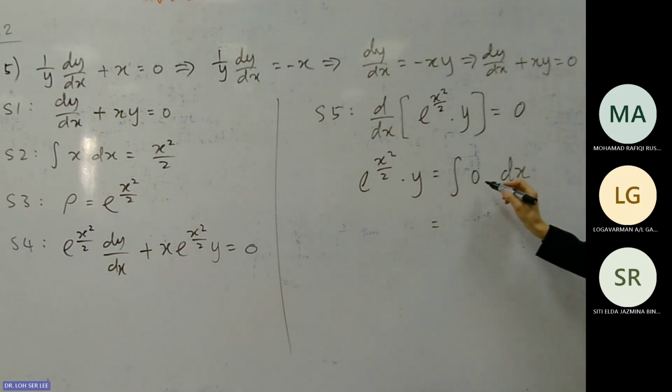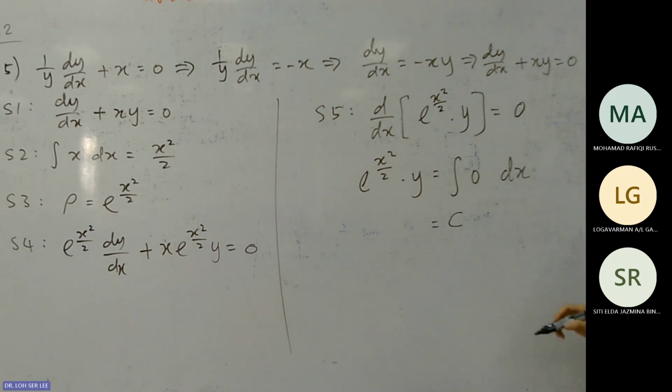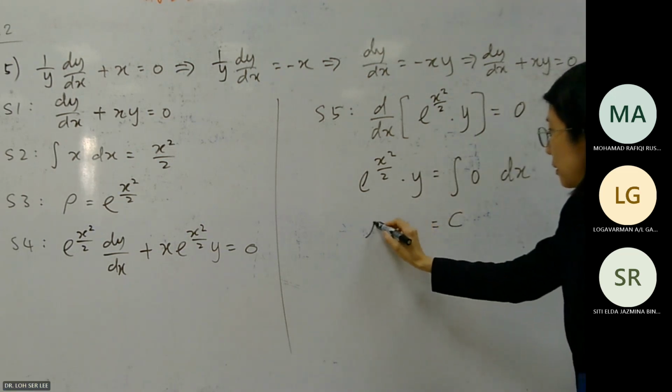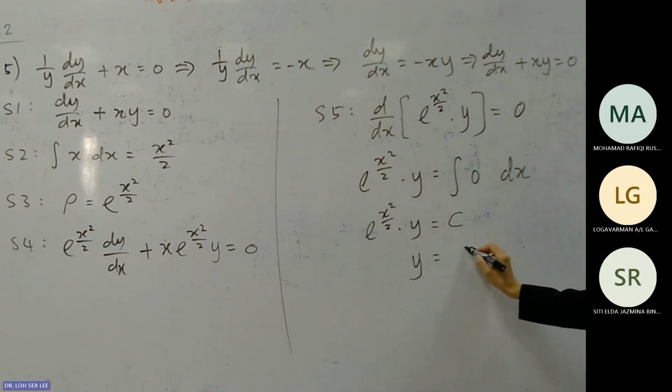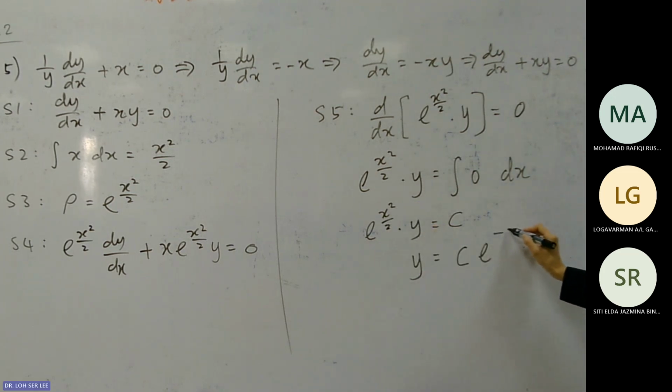Integrating 0, you get C, a constant. So y is C e negative x squared over 2.